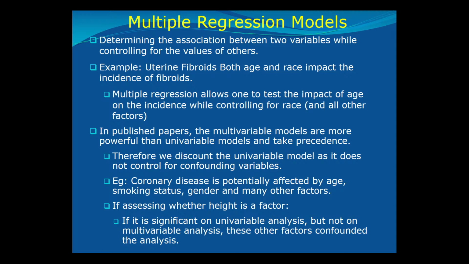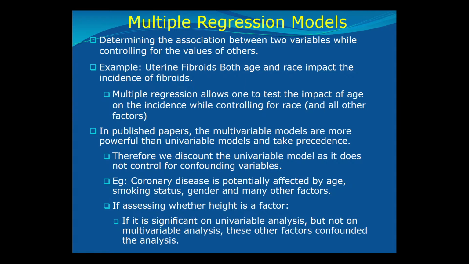Examples are uterine fibroids, both age and race impact the incidence of fibroids. Multiple regression allows one to test the impact of age on the incidence while controlling for race and all other factors.